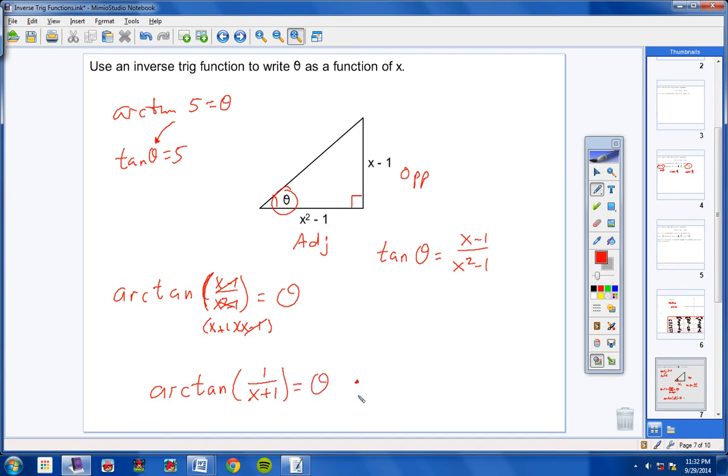And then off to the side put as long as x does not equal negative 1. It's important you state that, students, because if you put negative 1 in for x, your denominator would become a 0, and we can't do that. So this is the final answer.